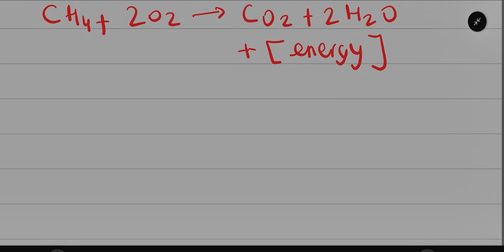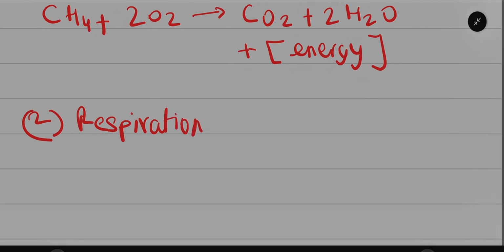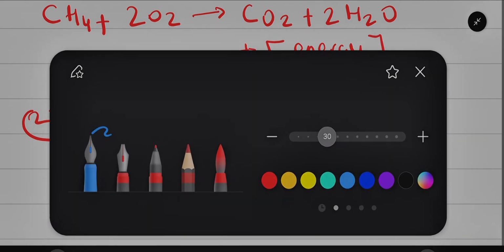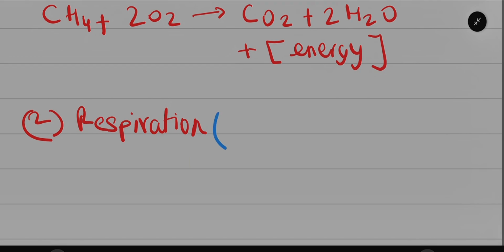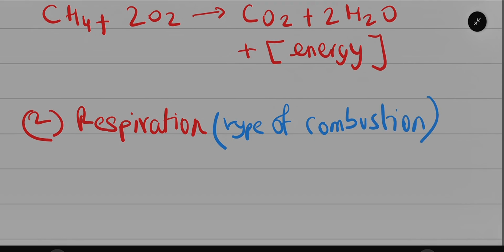The second example for types of exothermic reactions is respiration. It is basically also a type of combustion, you can say, but it is a separate reaction, so we're going to be studying this separately. Don't mix this up with combustion, but it's very similar. Now, in a similar way, our body consumes whatever we eat and it gets converted into glucose.